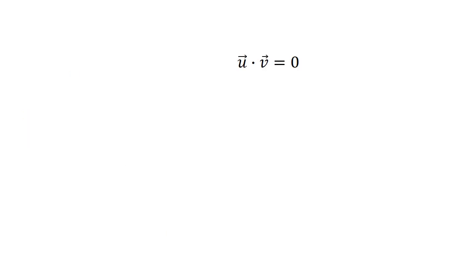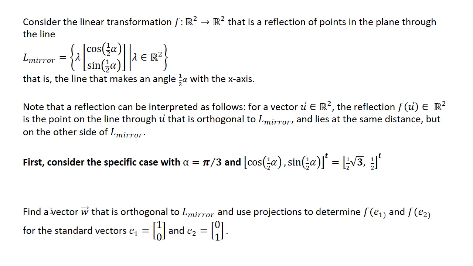When two vectors are orthogonal, or perpendicular, the dot product of the two vectors will equal 0. So how does that help us? Well, we're trying to find a vector W that is orthogonal to this line. So this vector here will be perpendicular to this line here.